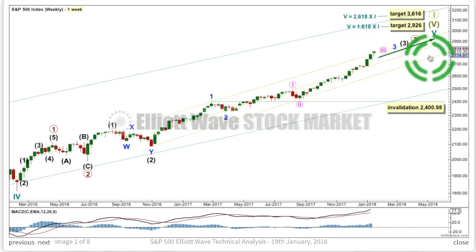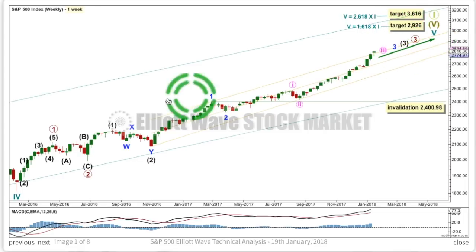And so I'm expecting along the way up a couple of big corrections, the first one coming up for intermediate 4, and after that another big one, maybe even a bit bigger, for primary wave 4, and then final fifth waves up to new all-time highs after those big corrections. And so this whole structure to complete is probably going to take another 1, 2 or 3 years to complete.